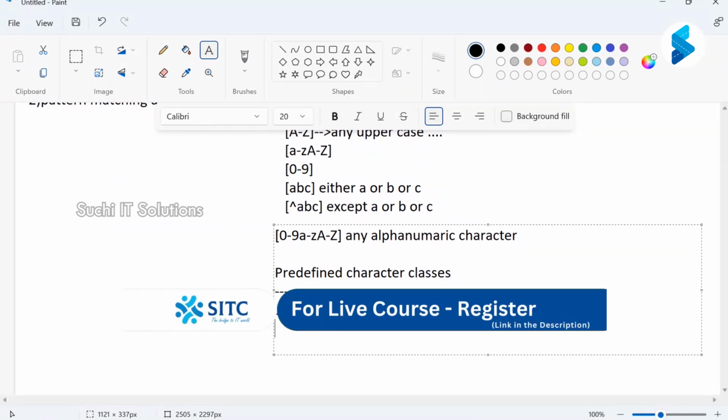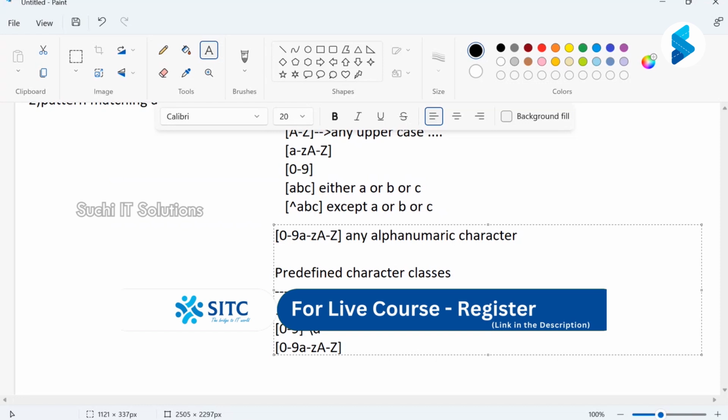Small s. Then 0 to 9: slash d. Then 0 to 9 or a to z and capital A to Z. So this is a predefined character class.